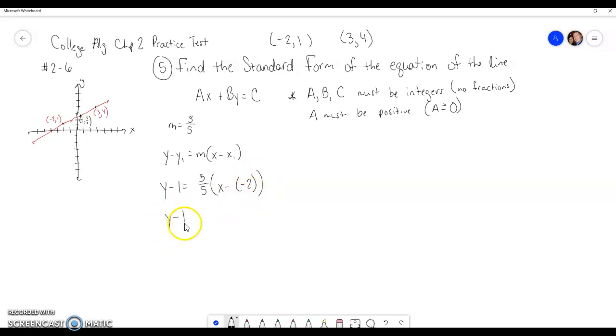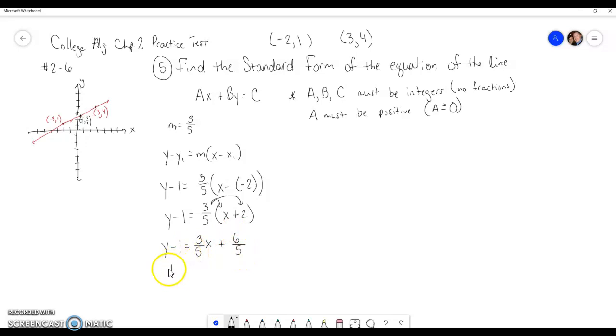So y minus 1 is equal to 3/5 times x minus -2. I'm just going to simplify this a little: y minus 1 is equal to 3 over 5 times x plus 2. I'm going to distribute this 3/5. So I get y minus 1 is equal to 3/5 x plus 3/5 times 2, which means 3 times 2, 6 over 5.